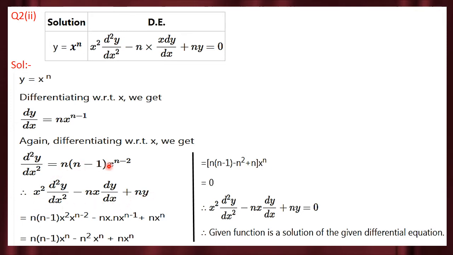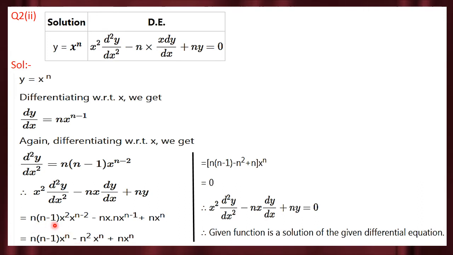Then the right hand side will become n into n minus 1 into x square, with d square y by dx square being n into n minus 1 into x raised to n minus 2, minus n into x into dy by dx, which is n into x raised to n minus 1, plus n into y, which is x raised to n. Now we will simplify it.